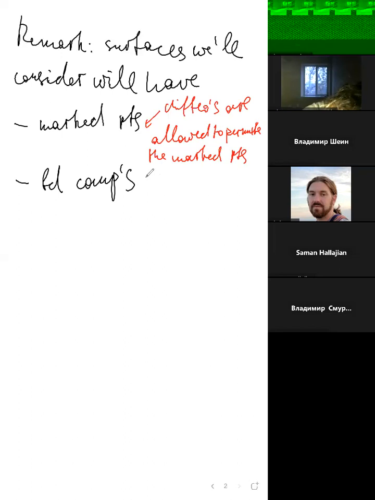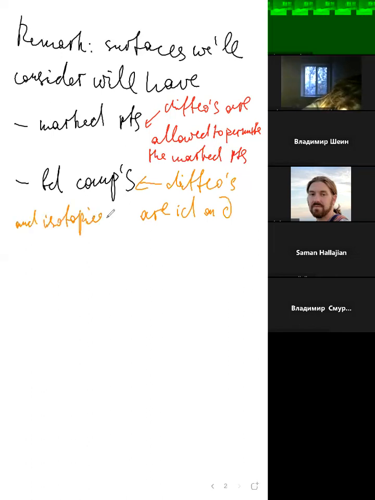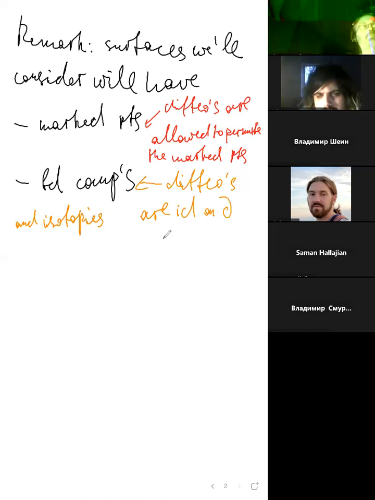But diffeomorphisms and isotopies are required to be the identity on each boundary component. Otherwise, there is not much difference between boundary components and marked points.